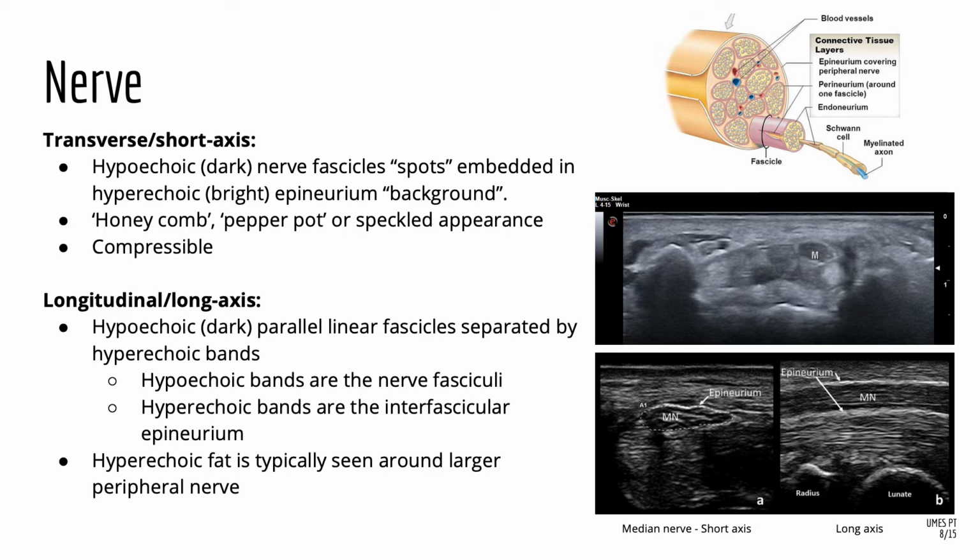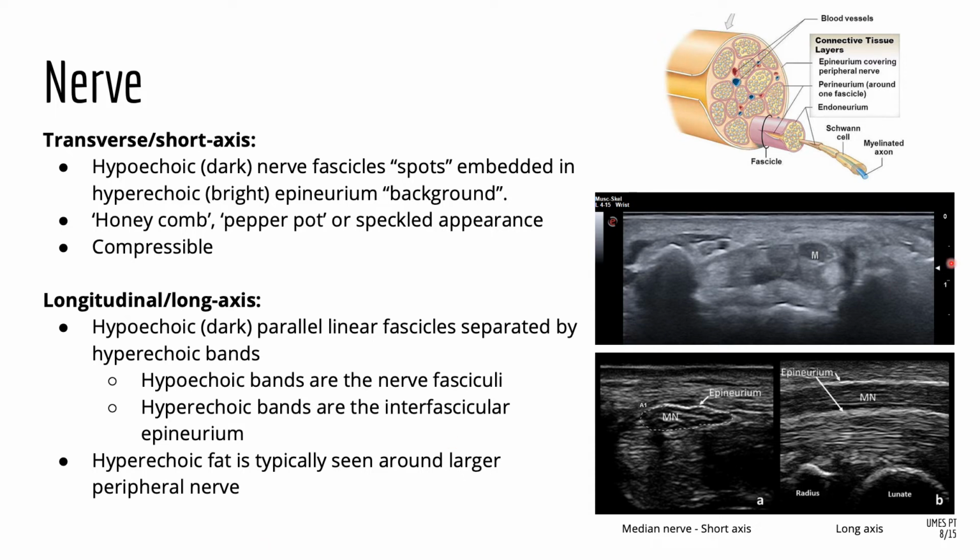In the longitudinal axis, they're hypoechoic, dark, parallel linear fascicles separated by these hyperechoic bands. The hyperechoic bands are the interfascicular epineurium, and the hyperechoic fat is typically seen around larger peripheral nerves.